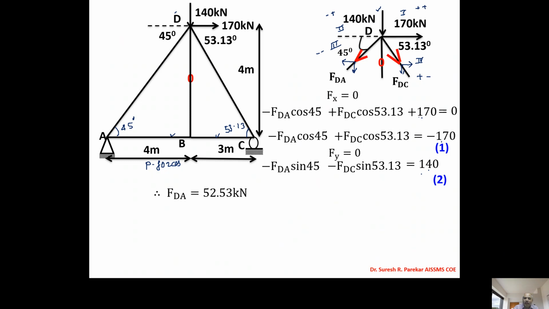Then we solve these two equations. We get FDA 52.53 kilonewton and FDC minus 221.43 kilonewton, where compression is shown as a minus value.